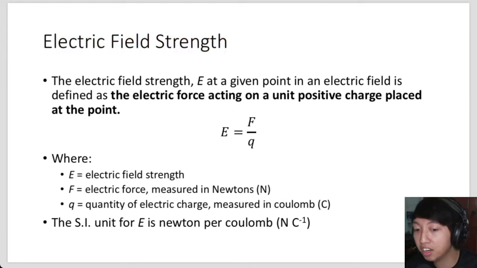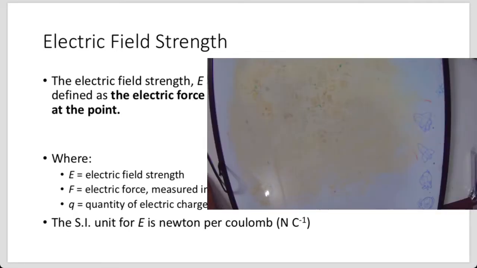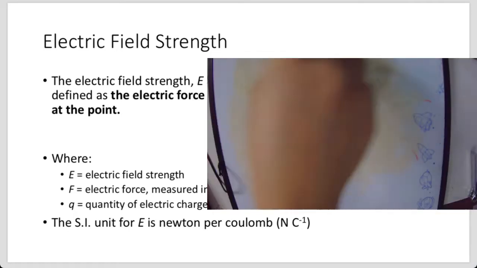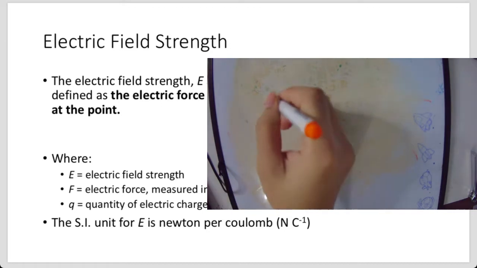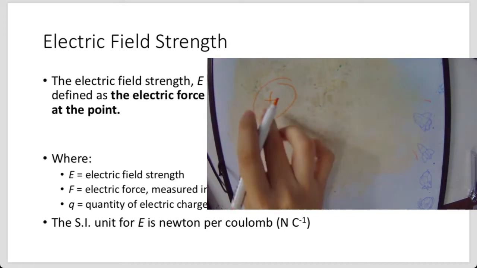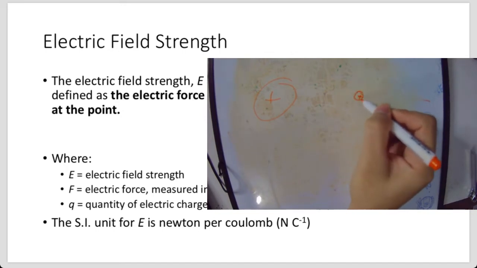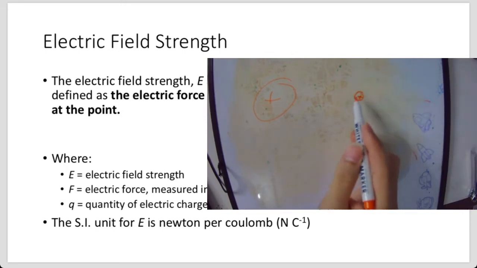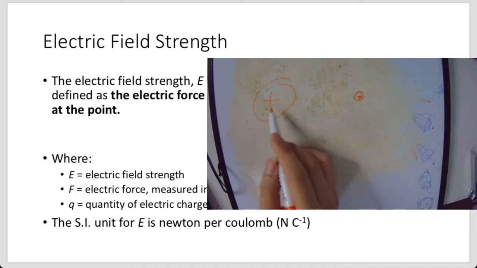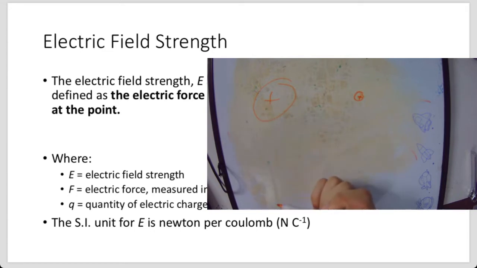So generally, let's have our main charge particle, and then let's put a test charge, another small charge. We call it a test charge because we use this to test how strong the electric force of the main charge particle is.